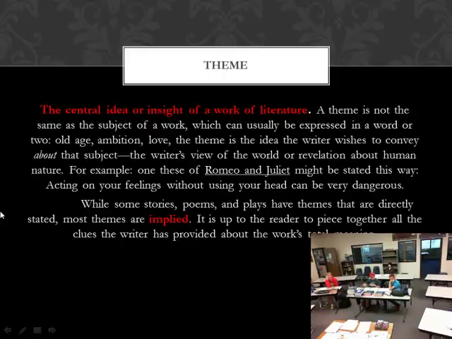If you can't put it in a sentence, then you think about it some more, because theme requires a sentence. Let's see, we're going to read Romeo and Juliet this year. So my example is, for Romeo and Juliet, acting on your feelings without using your head can be very dangerous. That's one theme that you could find in Romeo and Juliet.